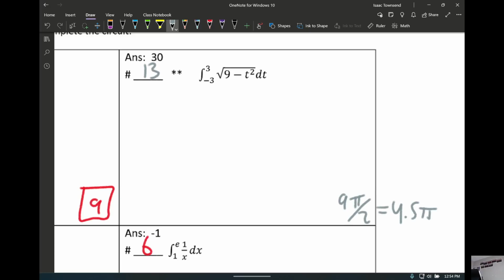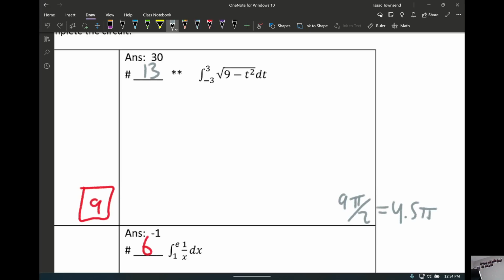Something's off. It's just 4 pi over 2. No, just copy that again. Because it's just this. I know it's not the whole thing. It's just this. So it's 4 pi.